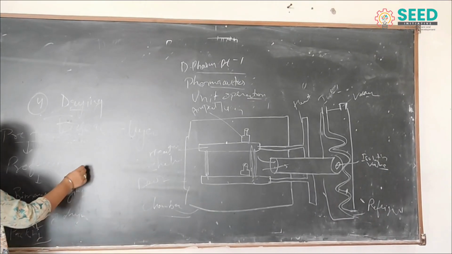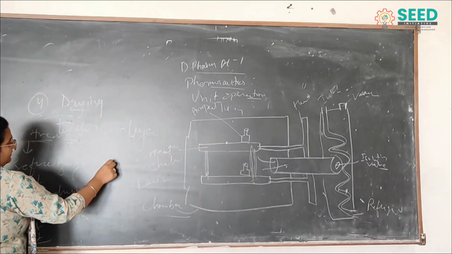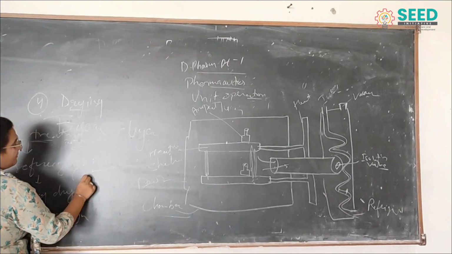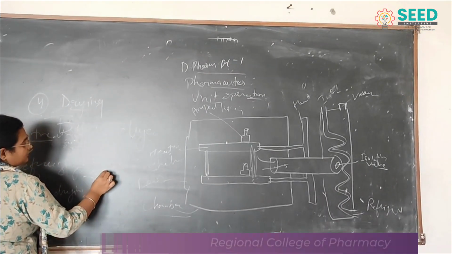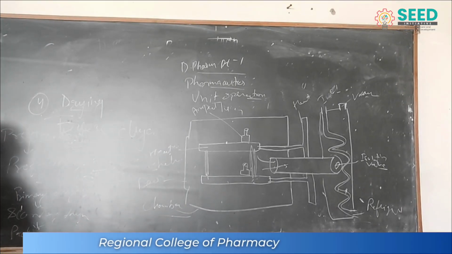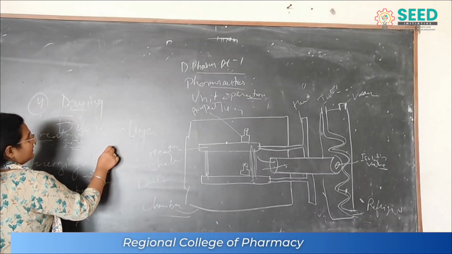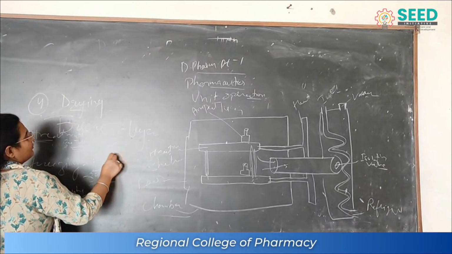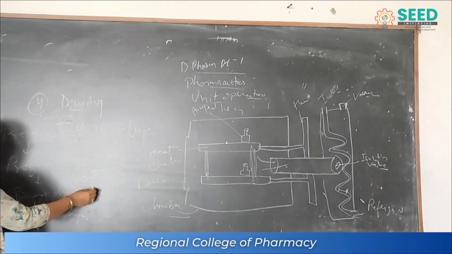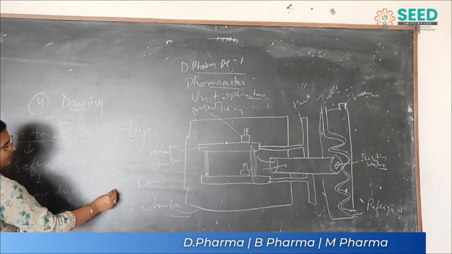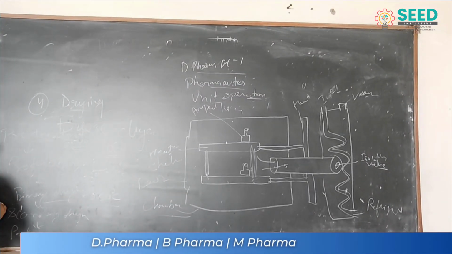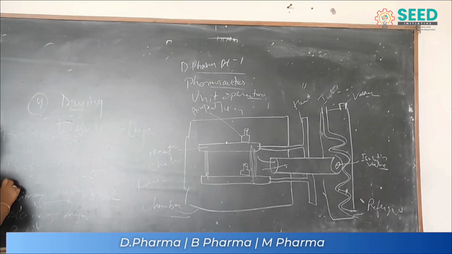Then we freeze the concentrate at about -20 to -80 degrees Celsius, below the freezing point. Then we apply heat at 30 degrees Celsius and dry the mixture for about 3 to 4 hours.